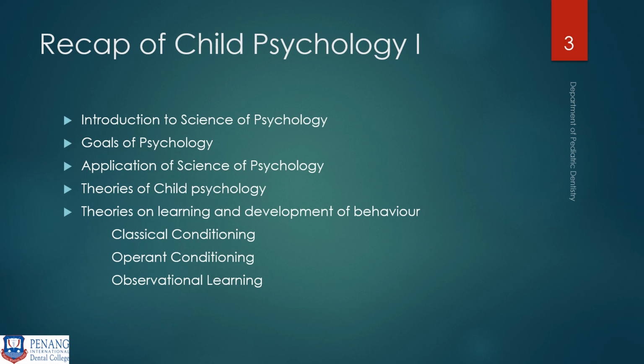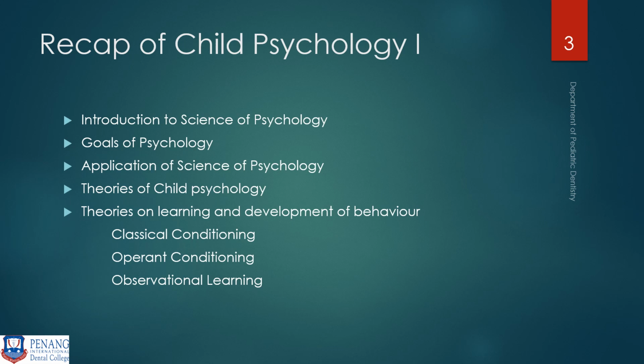There were a lot of subtopics, or specialities, in the science of psychology, but our interest is in the theories of child psychology, and we are learning these theories in order to put in some behavior management tools for children, so that we can control their behavior in the dental clinics. So we need to know how children think and how they behave according to their age.